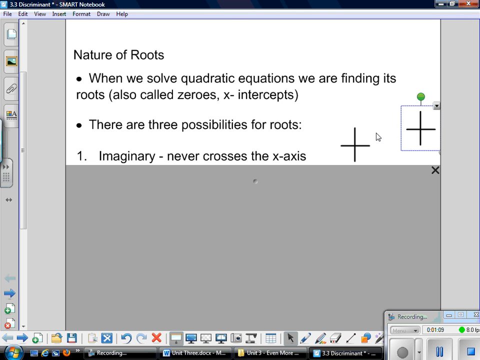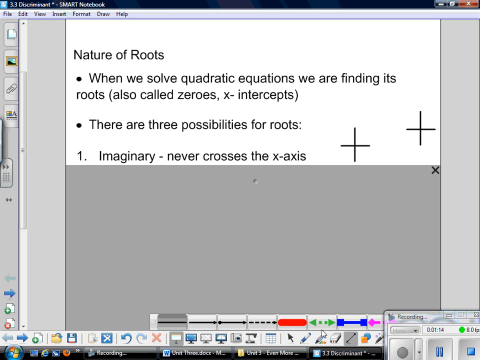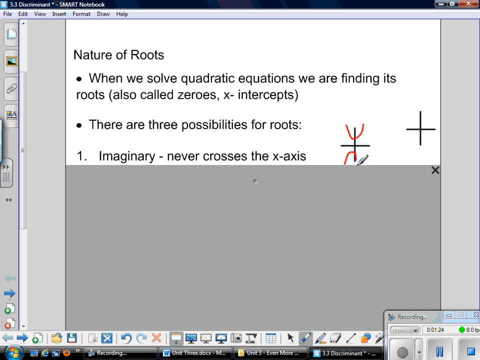Okay, so what happens here when it never crosses the x-axis, all it means is that parabola is actually going either up above the x-axis or down below the x-axis. So it just means that the function, the quadratic, doesn't cross the x-axis. It doesn't mean that the parabola doesn't exist when you graph it. It just means that it won't cross that x-axis.